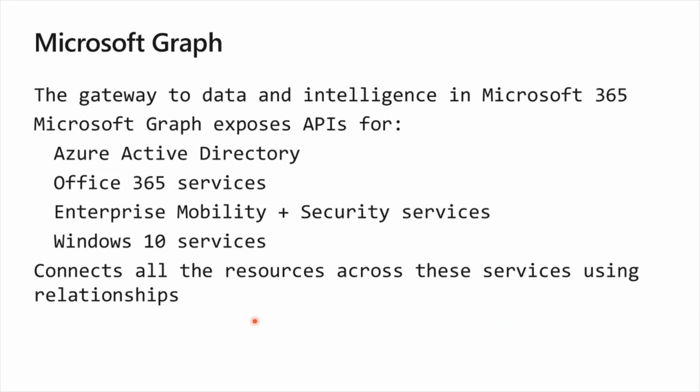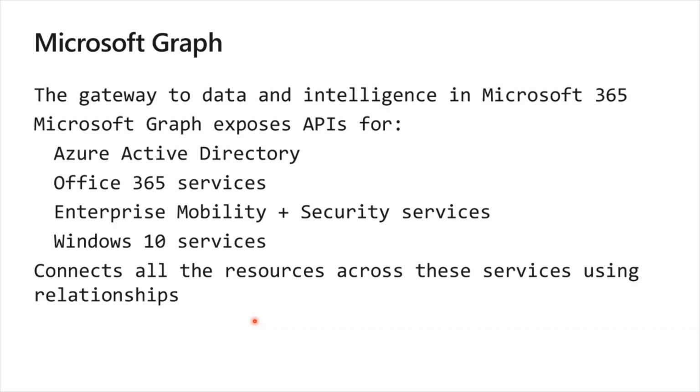You can use Representational State Transfer application programming interface, REST APIs, or SDKs to access the endpoint and build apps that support scenarios spanning productivity, collaboration, education, security, identity, access, device management, and much more for your applications.